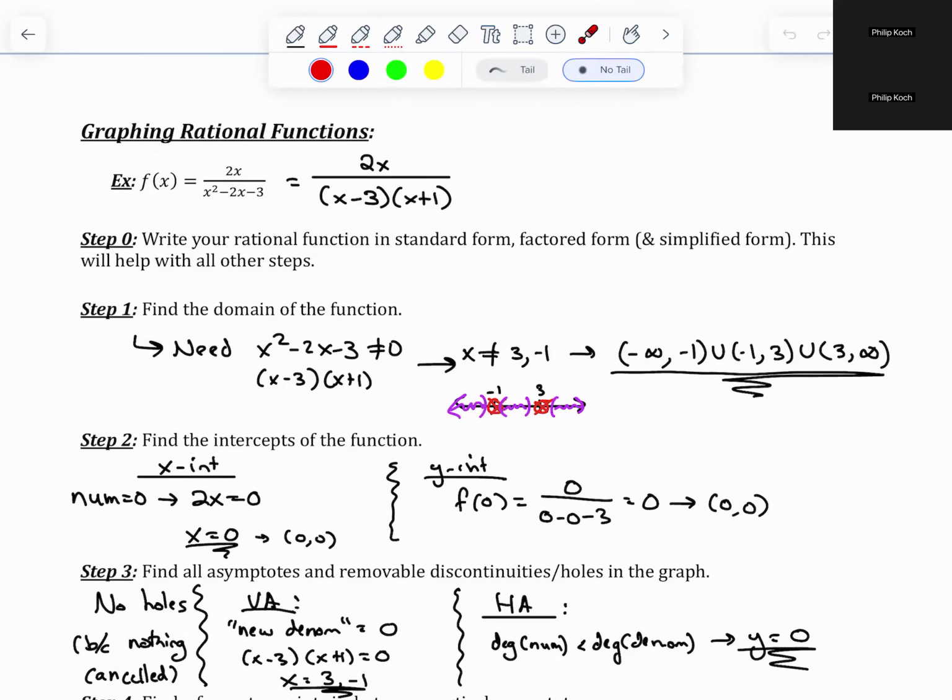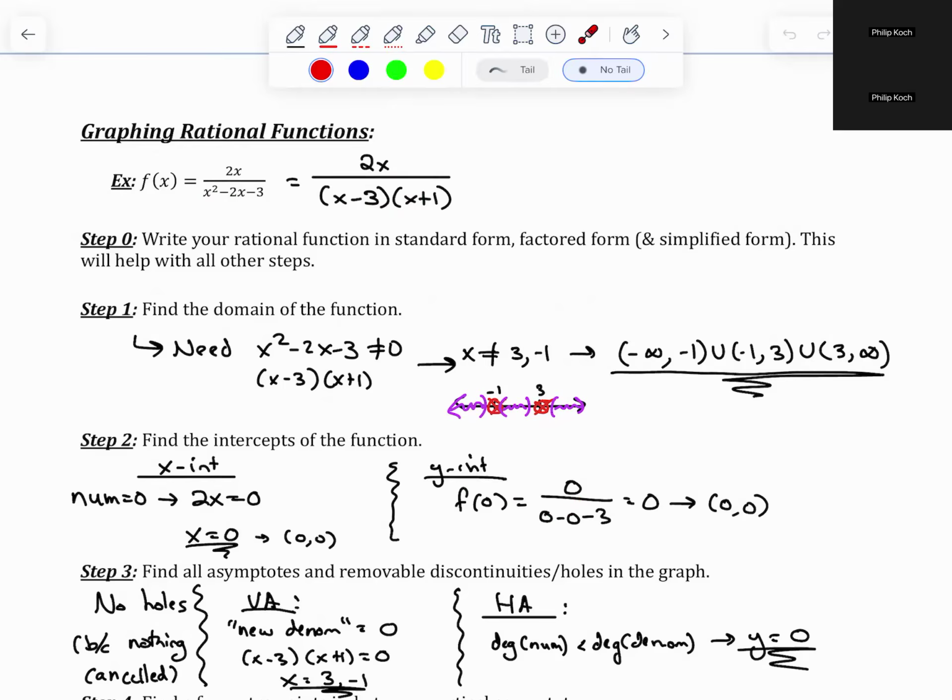When it comes to intercepts, the factored form, granted, we didn't need to factor anything in the numerator, but the factored form helps us find the x-intercepts easier. But the unfactored form is much faster at finding the y-intercept, because instead of having to plug it in 3 different places and multiply them together, I can just replace all the x's with zeros, because if I'm placing a 0 in for the x, that whole term gets wiped away.